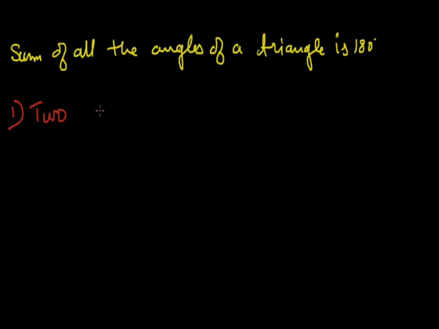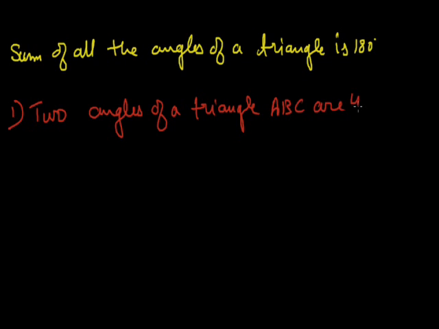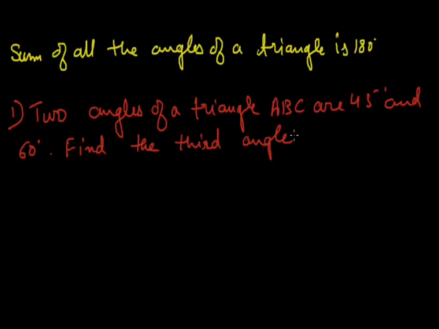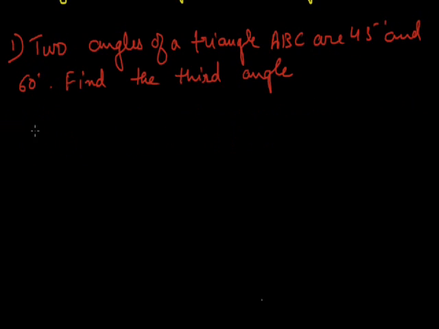two angles of a triangle ABC are 45 degree and 60 degree. We have to find the third angle. Now we know that in a triangle the sum of the angles of a triangle is 180 degree.